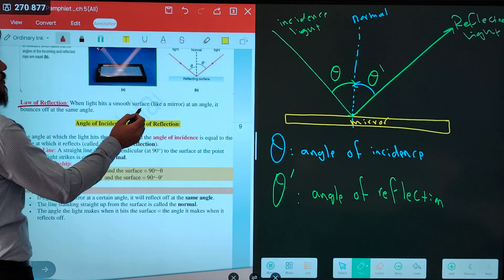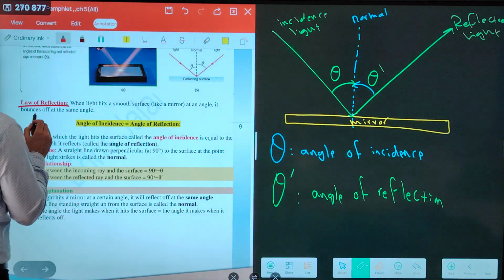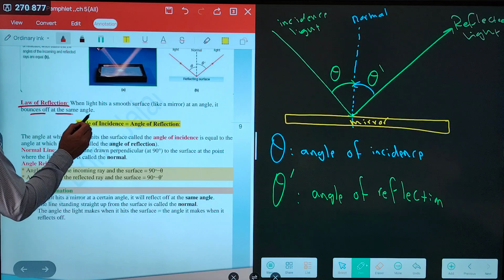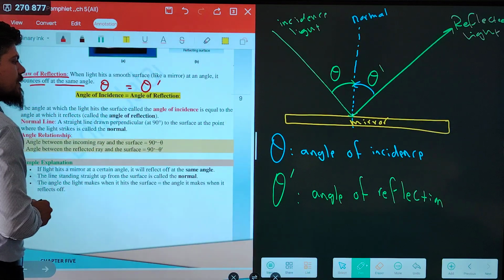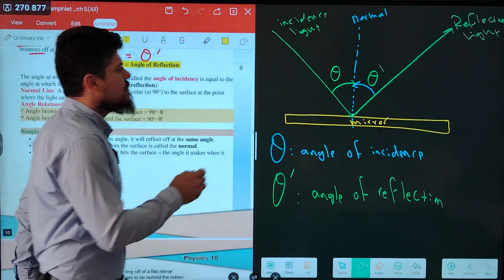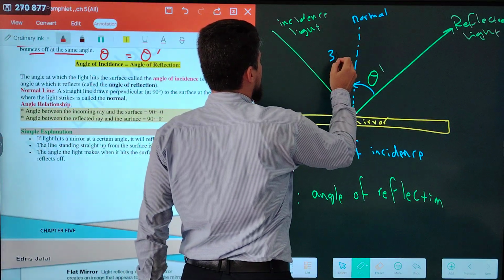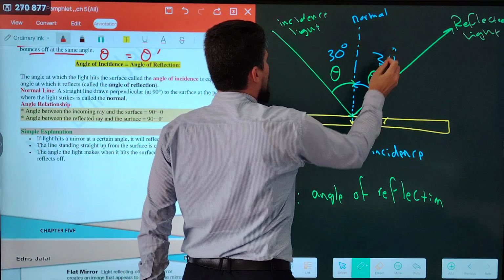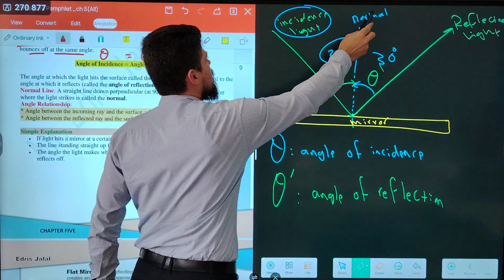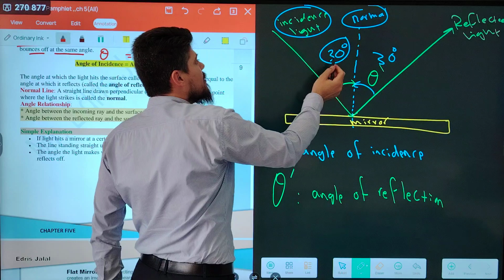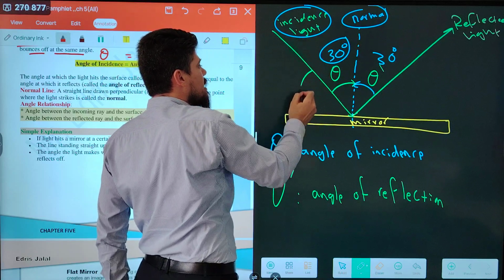What is the law of reflection? When light hits a smooth surface, such as a mirror, at an angle, it bounces off at the same angle. The angle of incidence is equal to the angle of reflection. For example, if this angle is 30, this angle is also 30. This 30 degrees is the angle between incoming light and the normal. So what about the angle between incidence light and the surface?